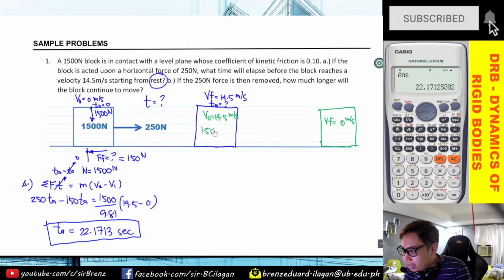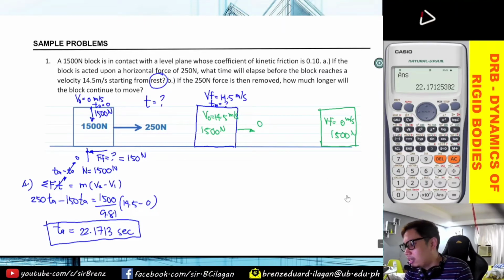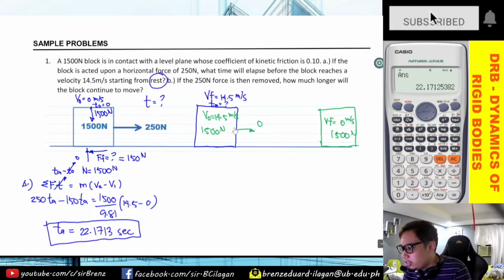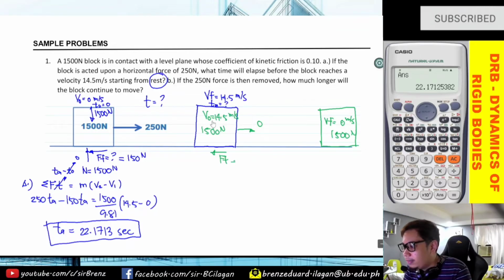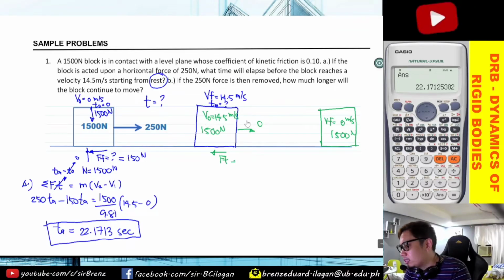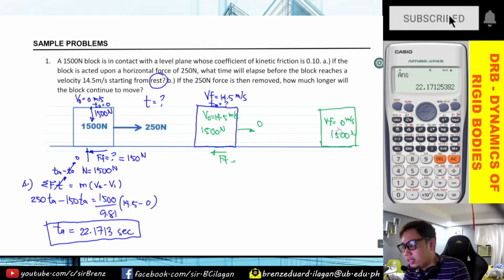It's still the same block weight. The only difference is the 250 Newton load is now 0, so there is no horizontal force. Since it is still moving, there is still a frictional force, because it technically still has velocity. Its velocity will decrease until it reaches 0 or comes to a sudden stop.